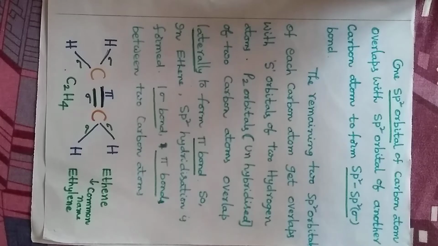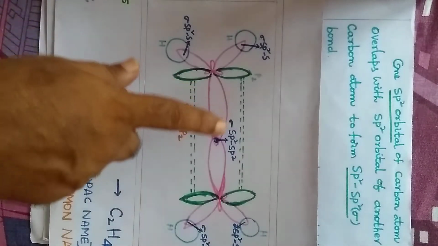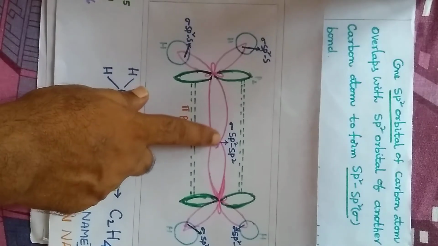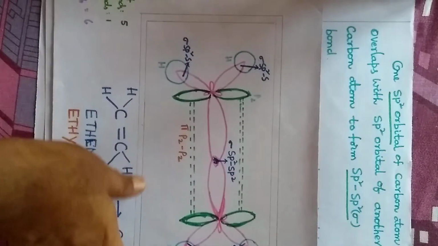Suppose you are taking a carbon, one sp2 orbital of the carbon atom overlaps with an sp2 orbital of another carbon atom to form an sp2 sigma bond. If you observe this, you will easily find it. This is the sp2 sigma bond.